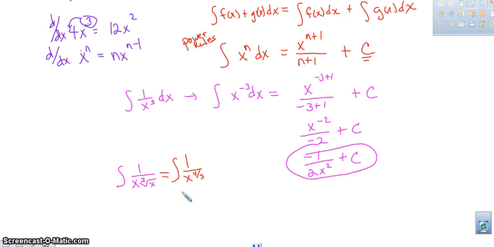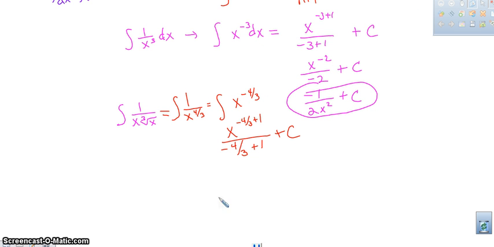It's a little trick that we use because we're going to add those powers, 1 plus 1/3. So that's the same as the integral of x to the negative 4/3, which, if I use my power rule, is x to the negative 4/3 plus 1, all divided by negative 4/3 plus 1, plus c.